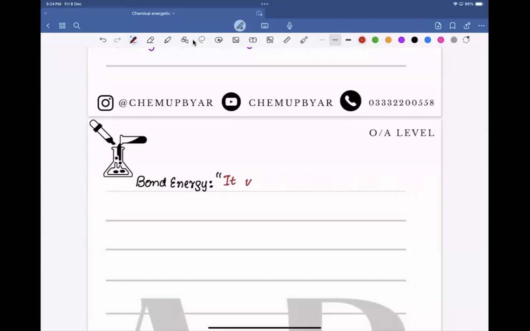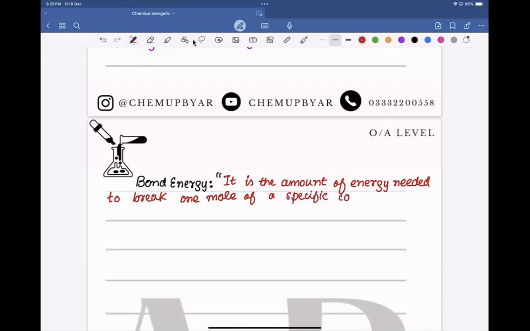So you will write it is the amount of energy needed to break one mole of a specific covalent bond in a gaseous state.